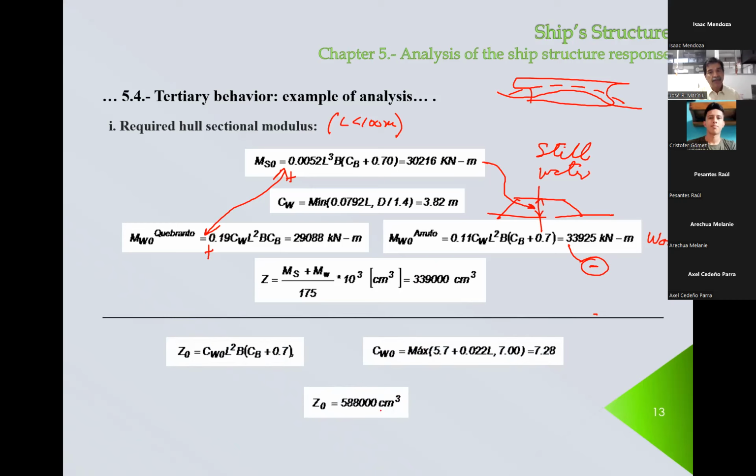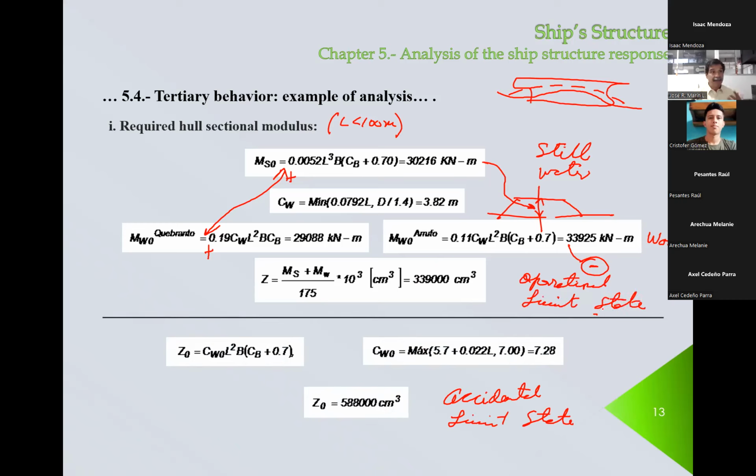My interpretation of the rule is that this is the accidental limit state. This is the operational limit state.